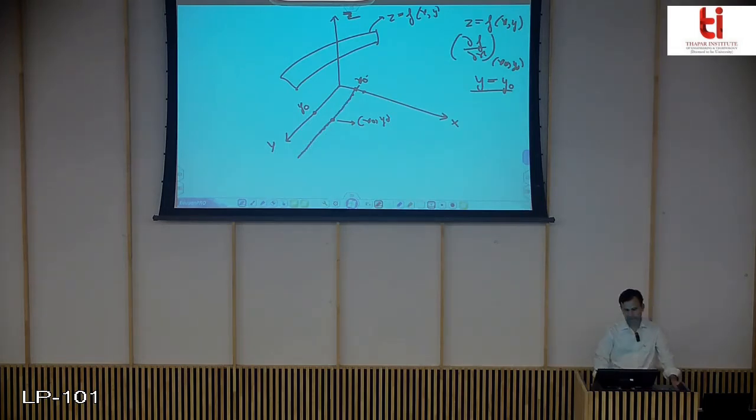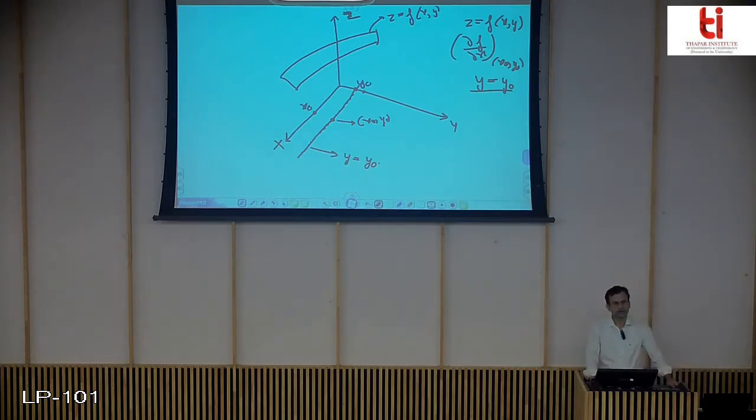So this is the line y equals y0. Let me change the coordinates, otherwise this will be representing something else: this is your y0, this is x0. Yes, now it is fine.